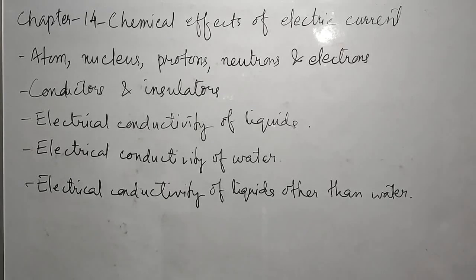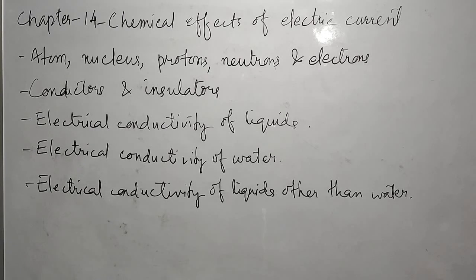Then the neutrons are neutral charged particles, protons are positively charged particles, and electrons are negatively charged particles. Now the protons are fixed, whereas the electrons are moving, they move around.